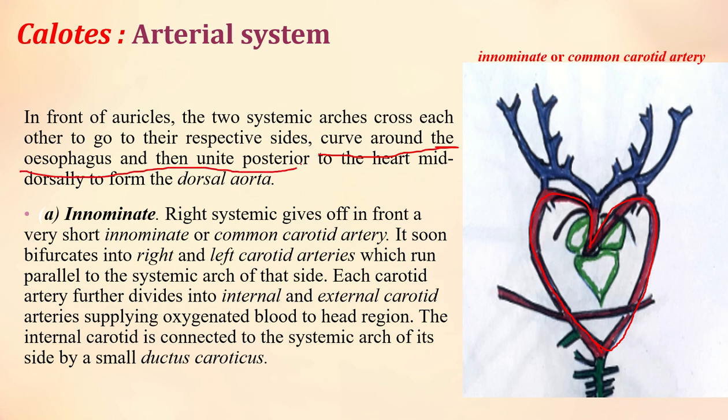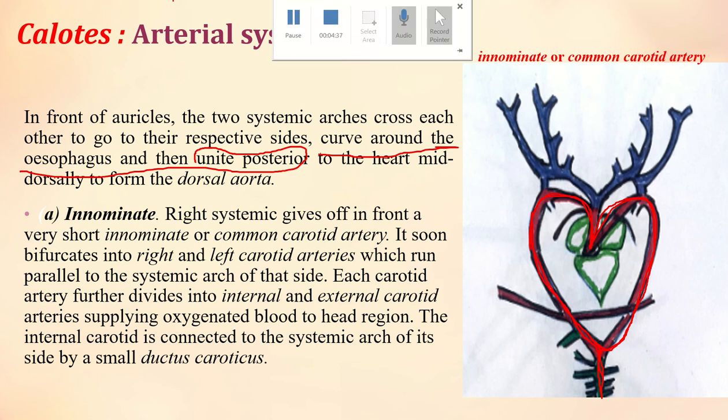They unite posteriorly and form an aorta, and that aorta is called the dorsal aorta. That is, the right systemic arch and left systemic arch, these two branches, unite again on the posterior side and form the aorta, which is called the dorsal aorta.